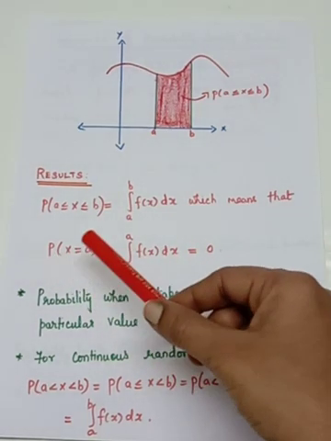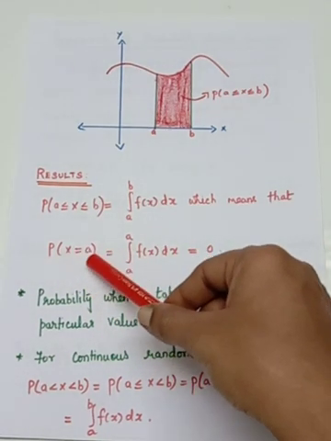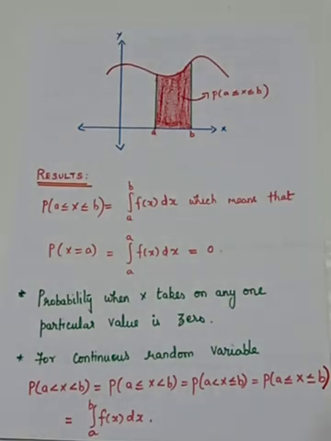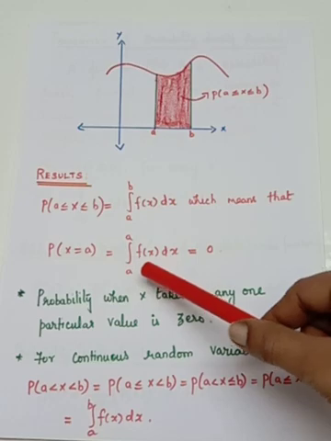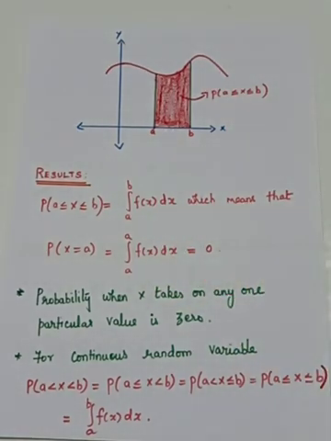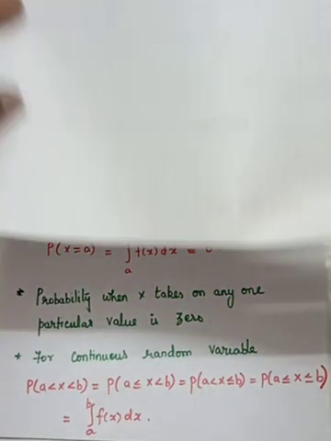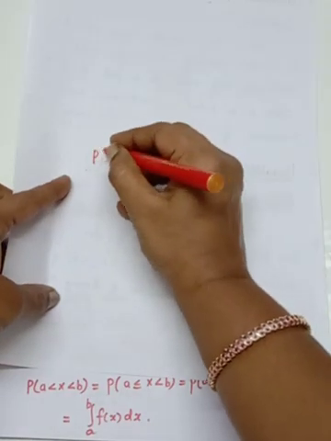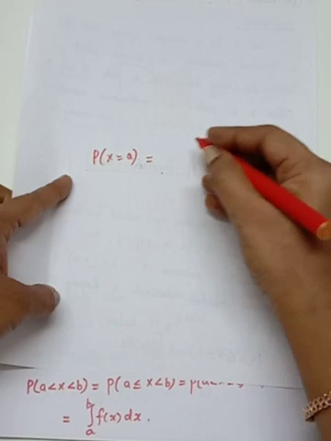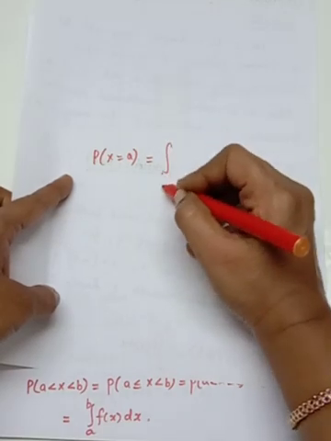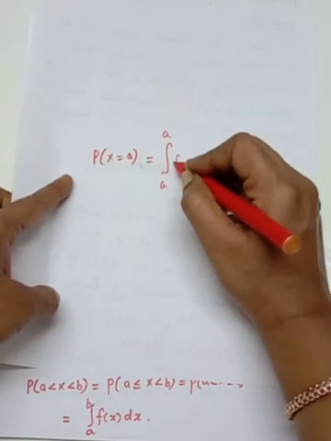P of X equal to a, where X takes a particular value a, you can write as the integral from a to a of f of x dx.